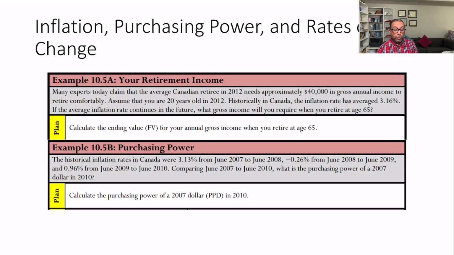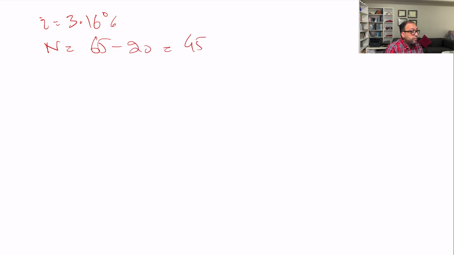So what we can do here is very simple. I is the inflation rate, 3.16%. N is equal to 45, because 65 minus 20 is 45 years.